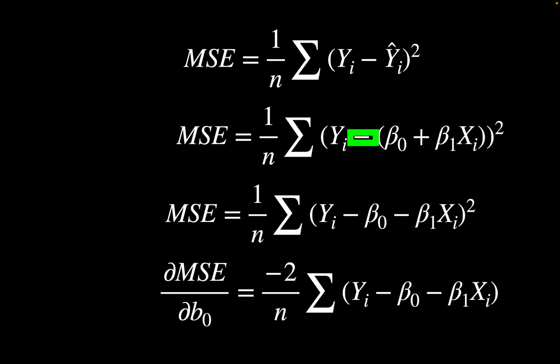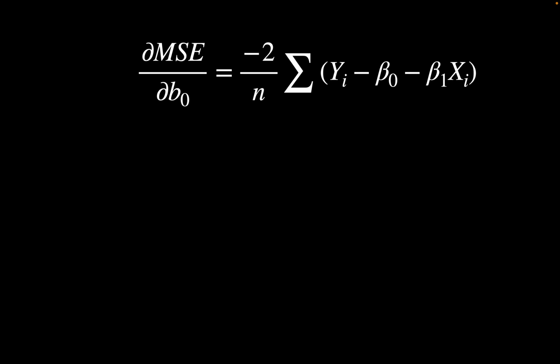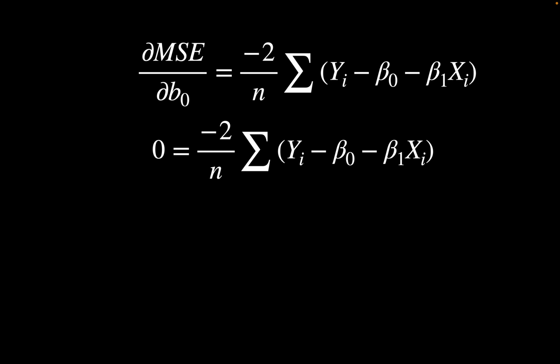And this is a derivative. Now we can set the derivative to 0 to find our minimum value. We can get rid of our negative 2 over n.